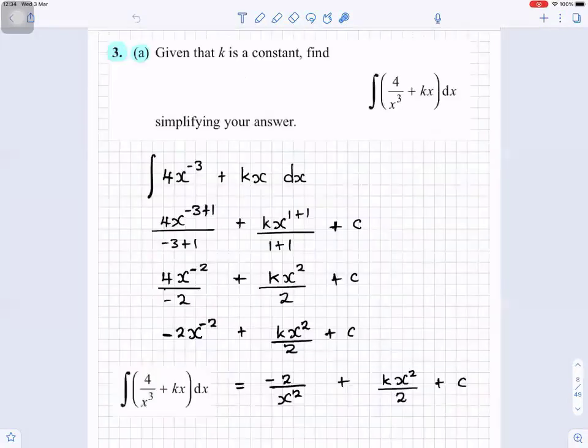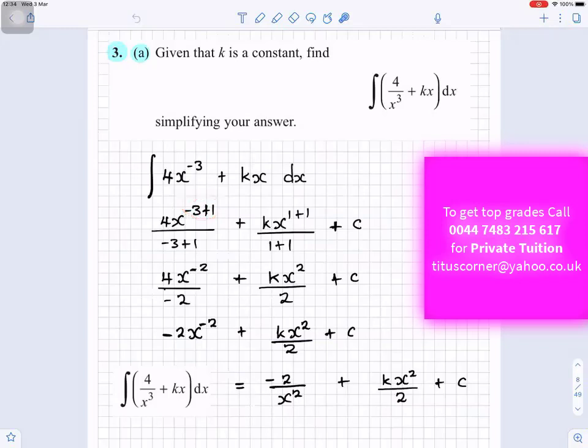So for question 3a, we take the x cubed to the top, to the numerator, it becomes x to the minus 3. So to integrate that, we add 1, minus 3 plus 1, it gives you minus 2. And we divide by that minus 2. So it's 4x to the minus 2 divided by minus 2. kx to the power 1, we add 1 to the power, 1 plus 1, divided by 1 plus 1.